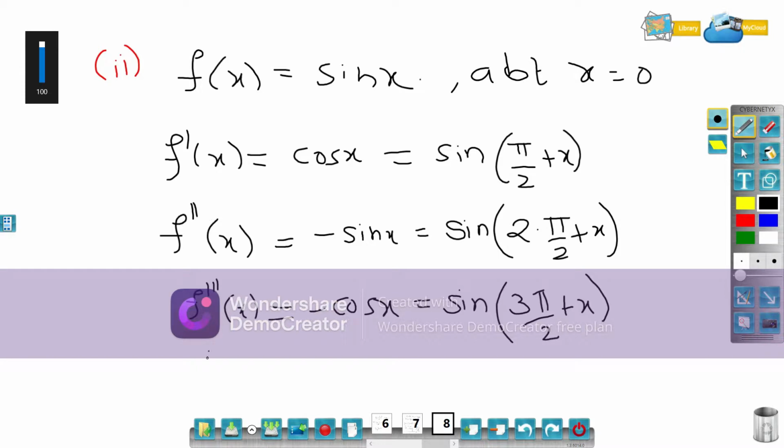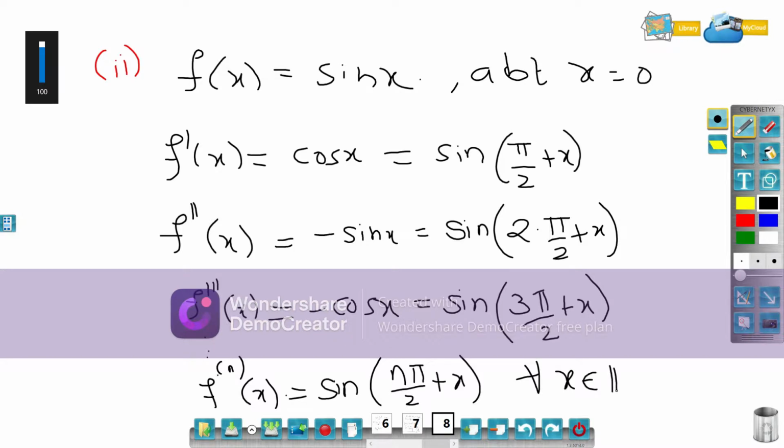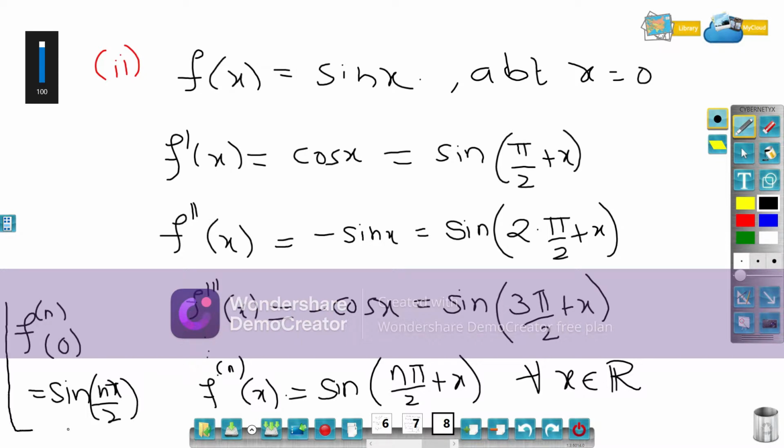So if you continue in this way, then f nth derivative of x is equal to sine n pi by 2 plus x for all x belongs to R. So f nth derivative at 0 will be sine n pi by 2. So if I evaluate the derivative at 0, then I will have this.